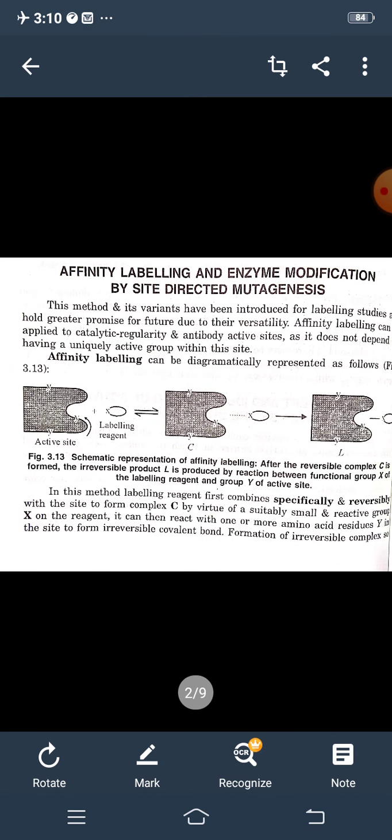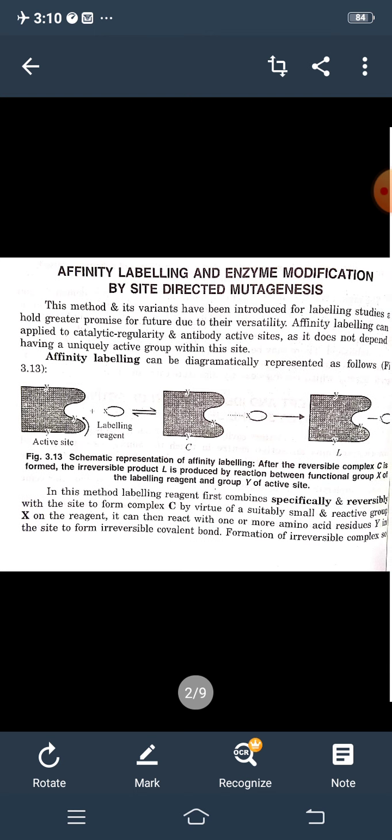So affinity labeling means how this method can be determined and how it can be applied to this enzyme system. So what do you mean by affinity labeling and enzyme modification by site directed mutagenesis?